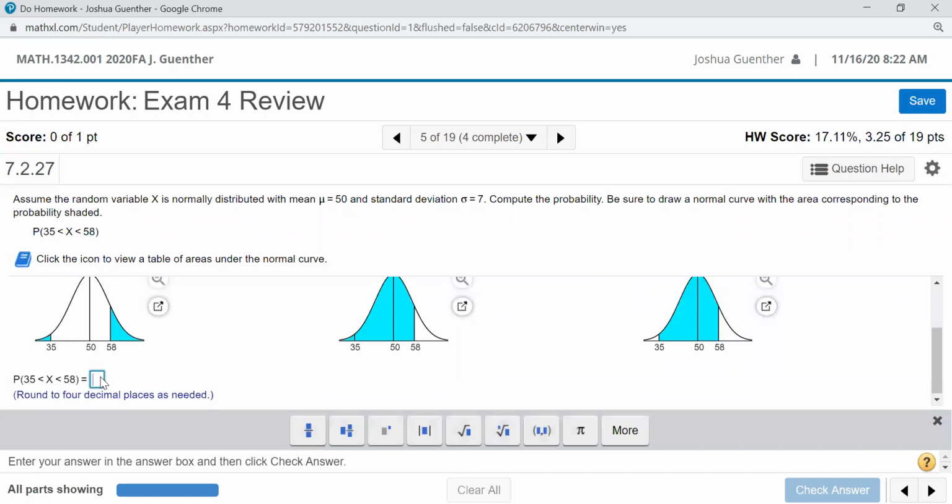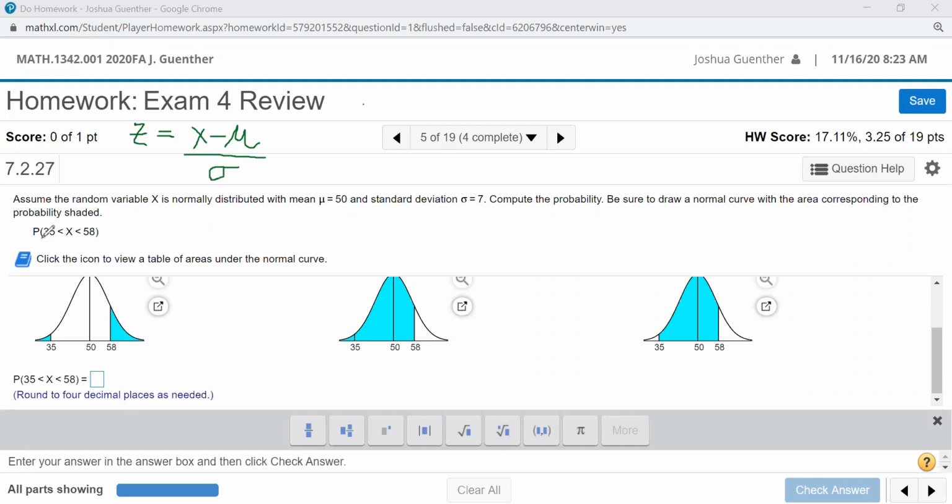Now to actually find the probability of an x value being between 35 and 58, we need to standardize. We need to be able to get z-scores. So I will write the standardization formula over here. Your z-score is equal to x minus mu over sigma.